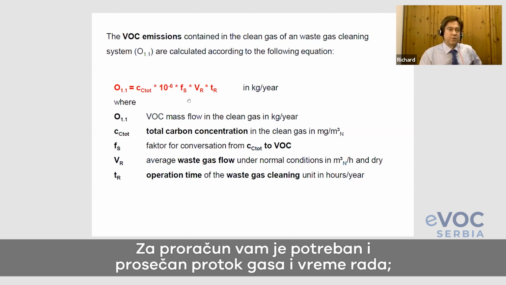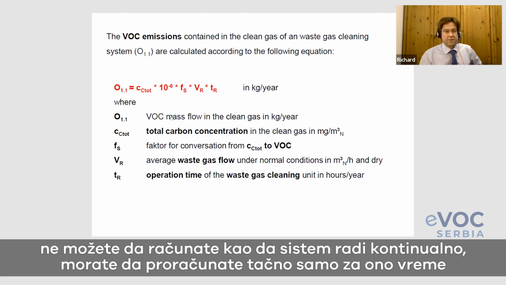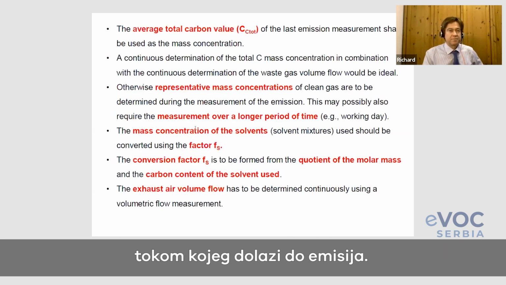And then for your calculation you need the average waste gas flow and the operation time. You cannot do your calculation as if you were working in a continuous way. You must calculate those quantities only for the times when the emission takes place.